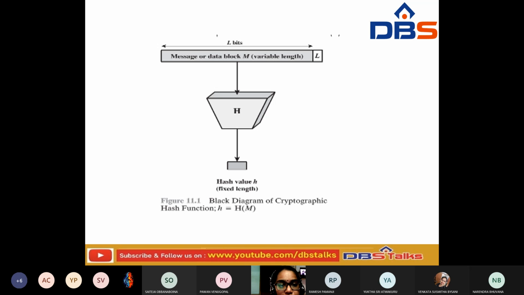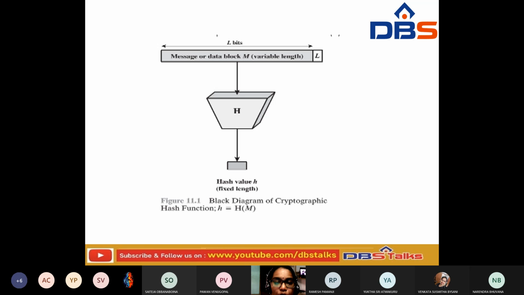For this block of data we apply the hash function, and after applying it we get the hash value h of fixed length. So this is a block diagram for the cryptographic hash function.